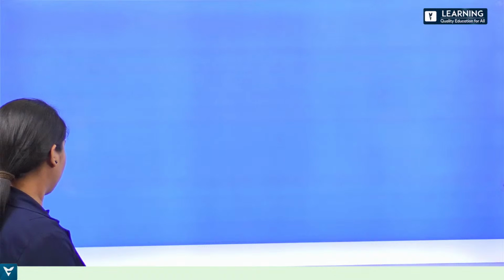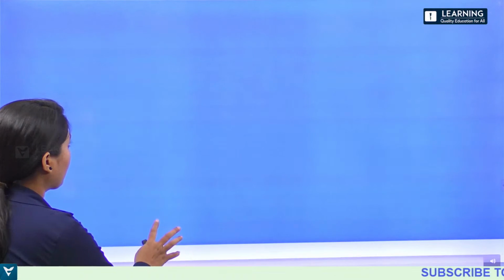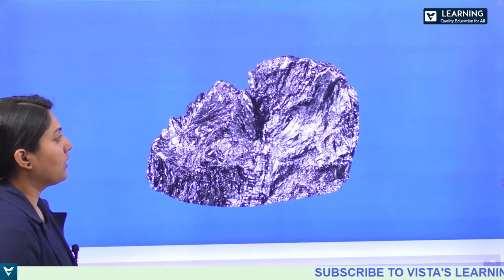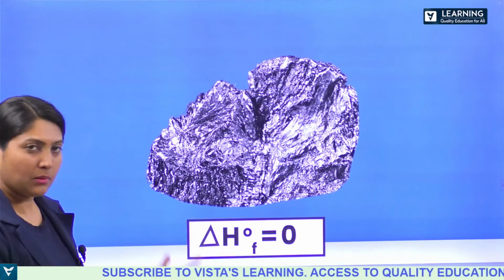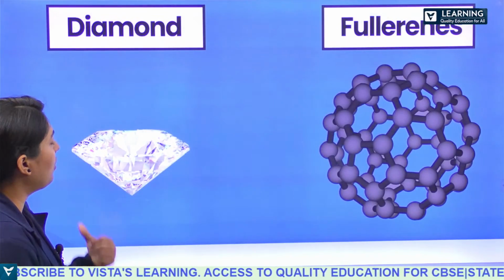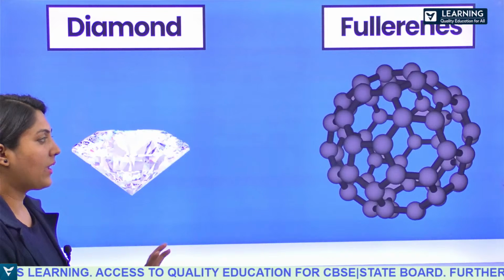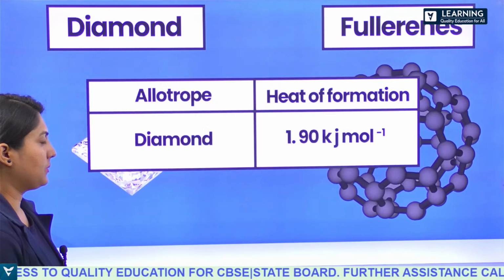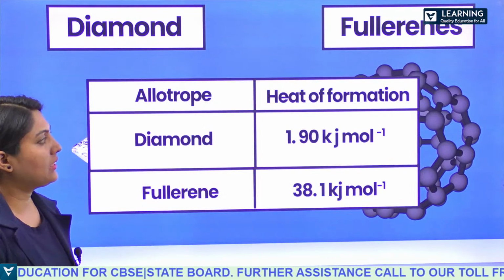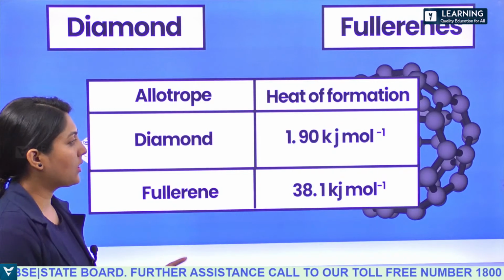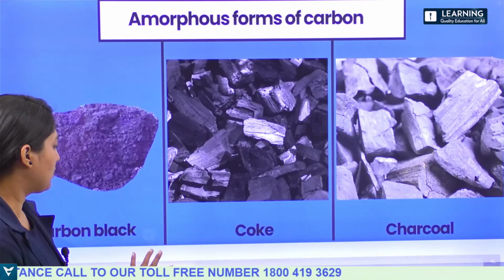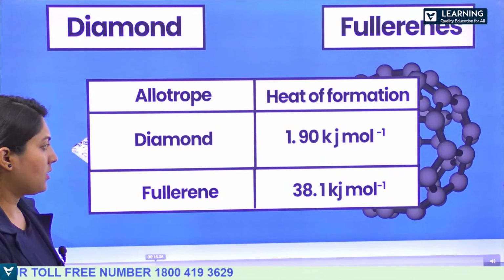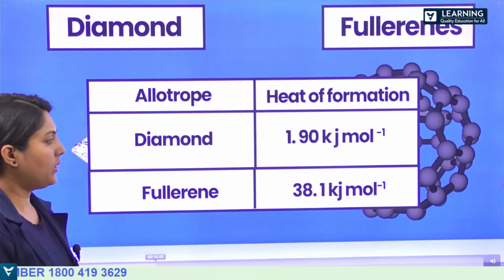So here the enthalpy of formation of graphite is 0. For diamond and fullerene we have certain values. Here you can see for diamond it is 1.90 kilojoules per mole. For fullerene it is 38.1 kilojoules per mole.